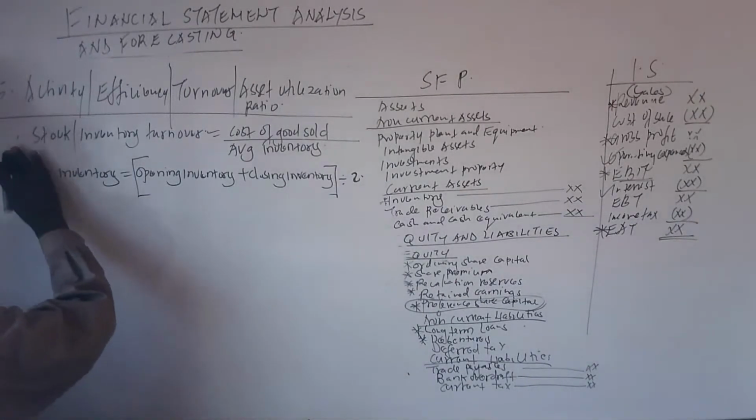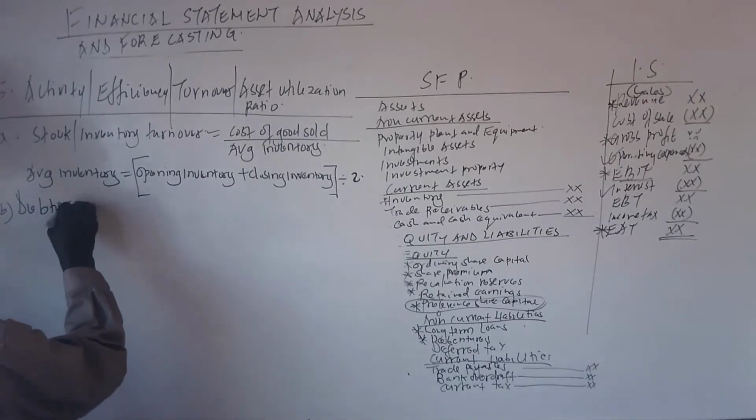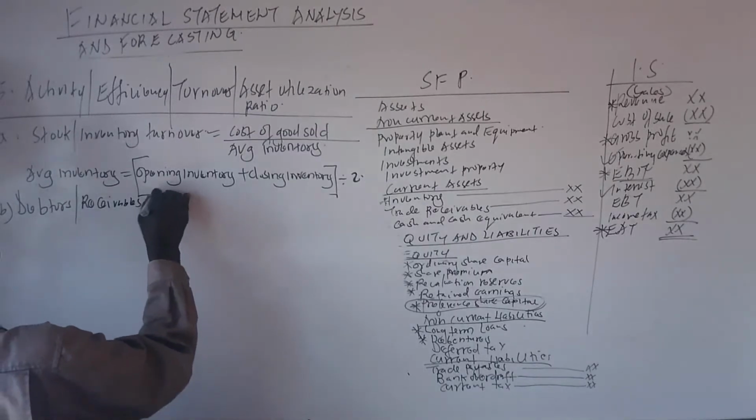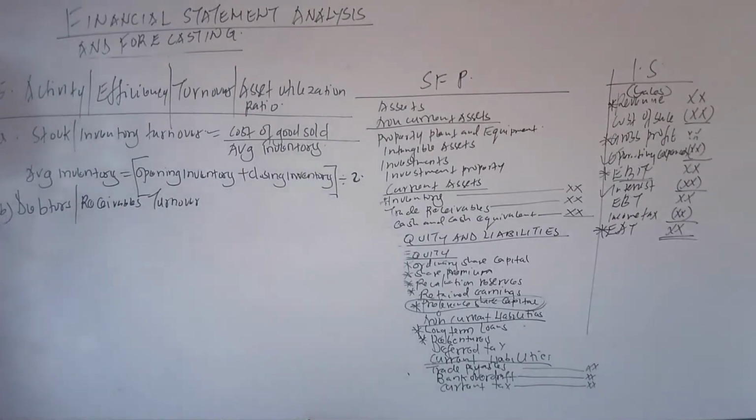Write and say it indicates the frequency with which customers buy goods on credit.